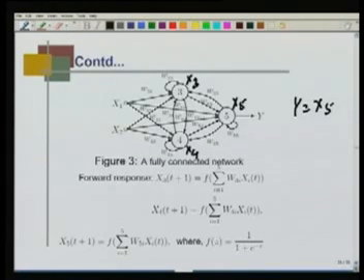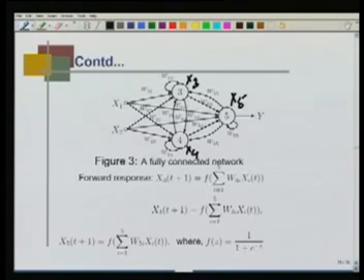If I look at the forward response, the normal convention, if I look at the weight connections, you see the connections x1, x2, x3, x4 and x5.